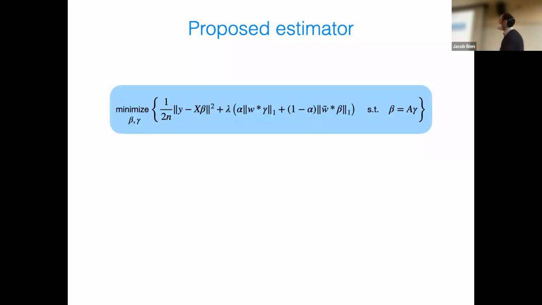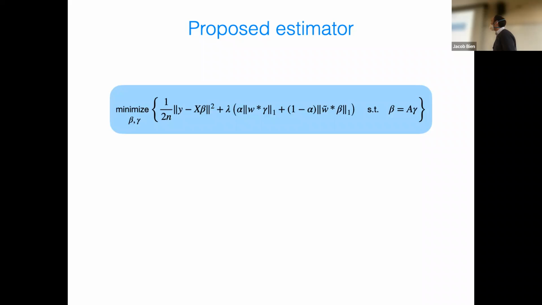And then we have 2 parts of the penalty. The first part will tend to encourage sparsity in gamma, which will have the effect of aggregating together betas. The second part is getting sparsity in the betas themselves, which may or may not be a principled approach to zeroing out certain rare features on their own.